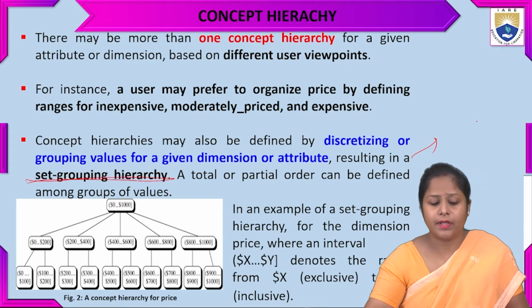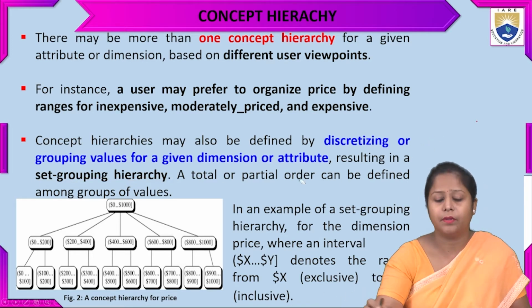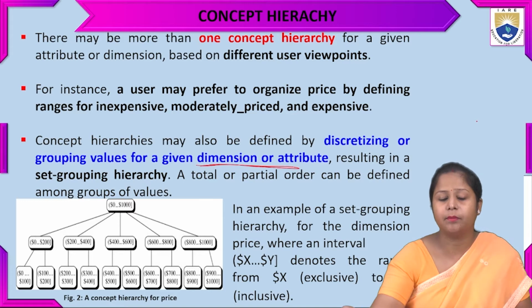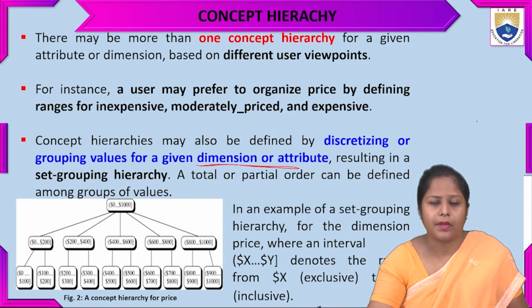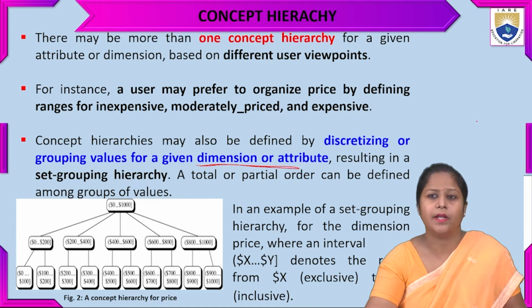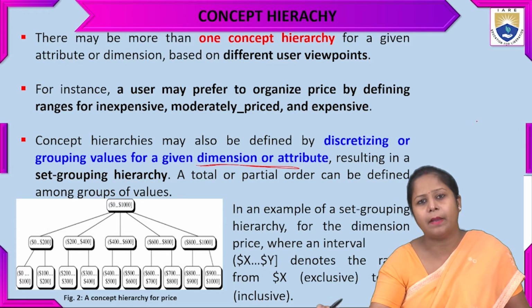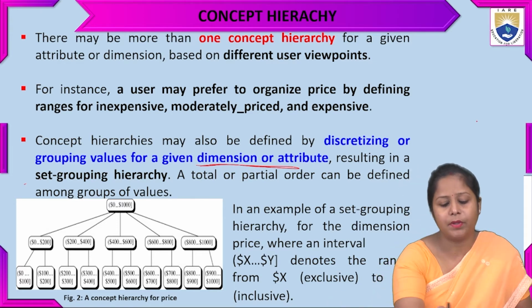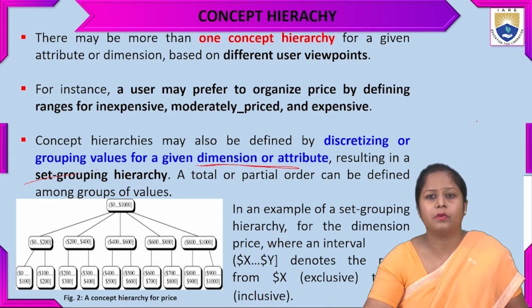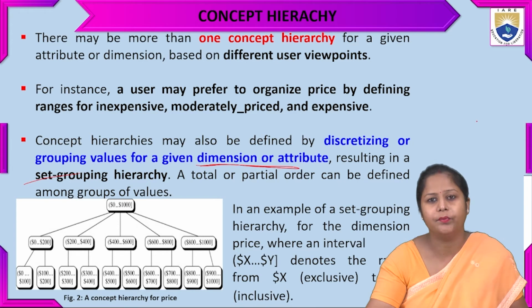Because some dimensions may have more of the other attributes and dimensions, right? So while we are doing the mapping, there is the possibility of a set grouping hierarchy. A total order can be defined among the group of values, right?